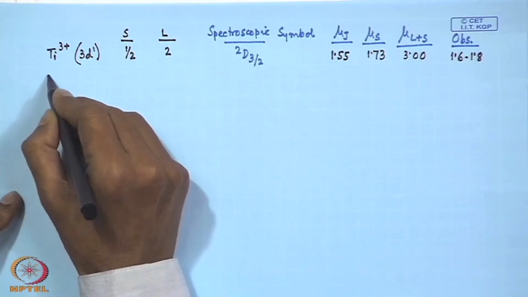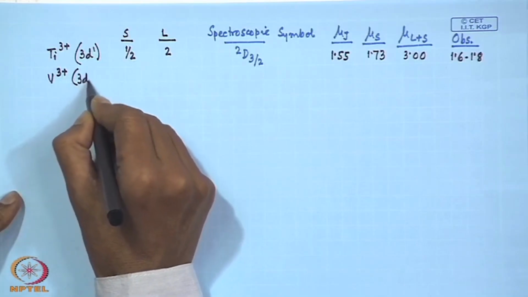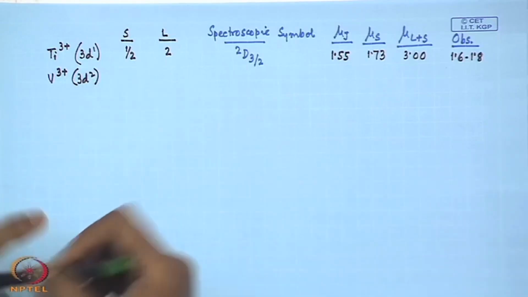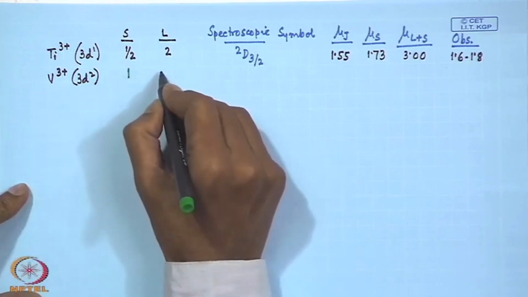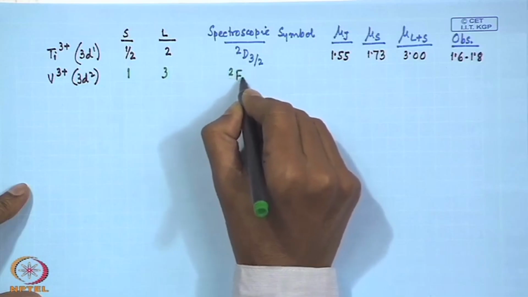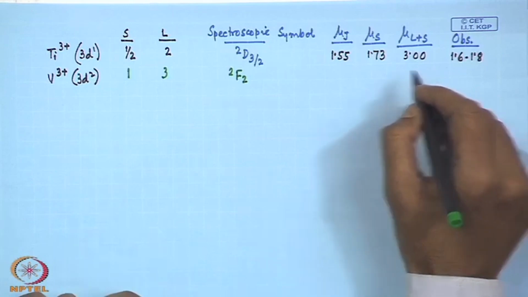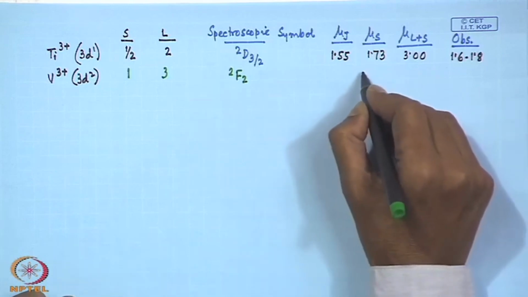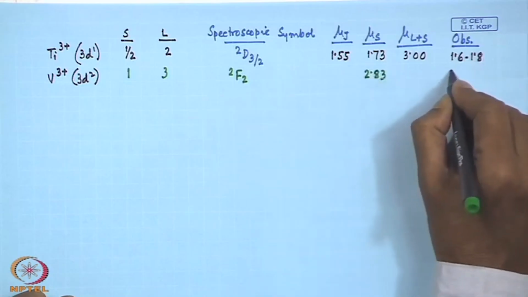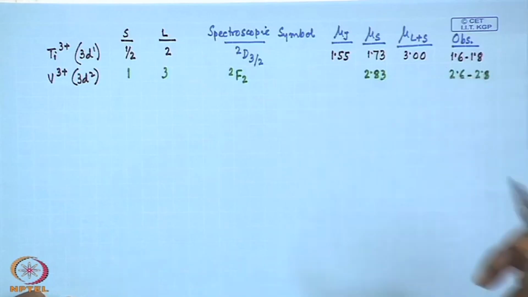Similarly, in the case of vanadium 3 plus, which is a 3d2 electron configuration, S value is equal to 1, L value equal to 3, the term is 3F2, and as we have seen in our previous table, the mu spin only value is equal to 2.83 and the experimental values are also ranging from 2.6 to 2.8.